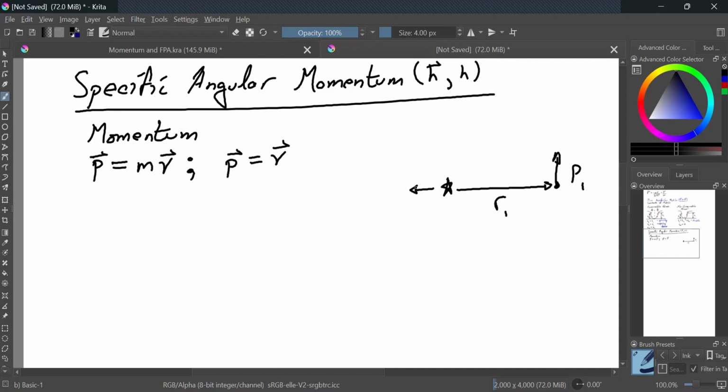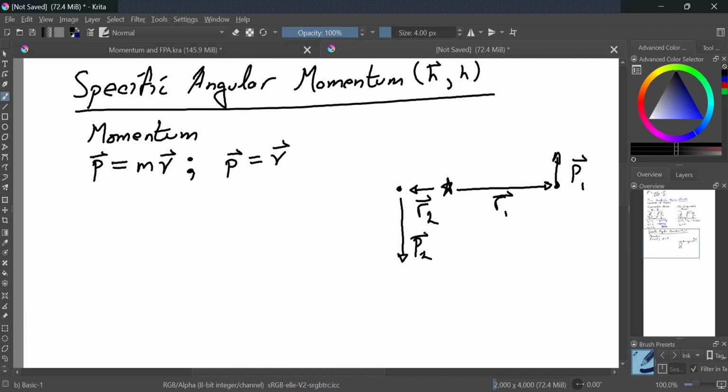Then if it's over on this side, if it is a non-circular orbit, it's going to change its distance from the host body, and not only is our momentum pointing in a different direction, but it is also a different magnitude.